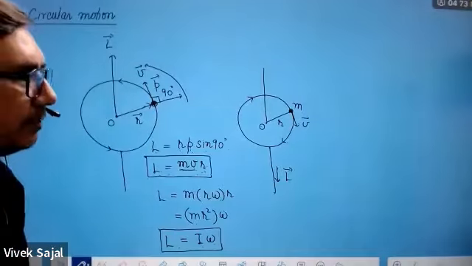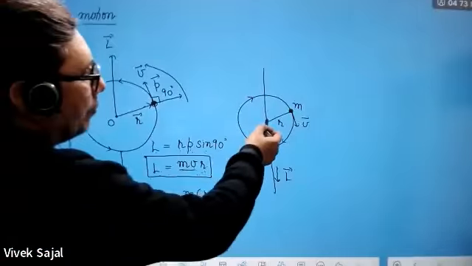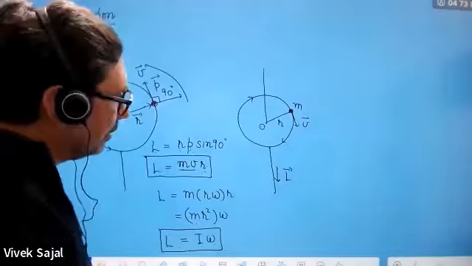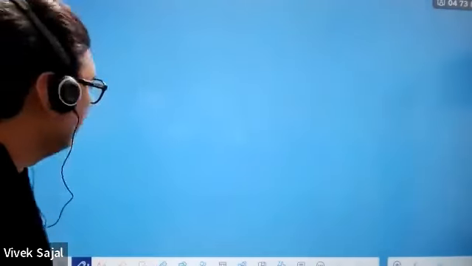Now one more thing, if this axis of rotation is the principal axis, I have discussed this aspect when I was discussing the moment of inertia tensor.